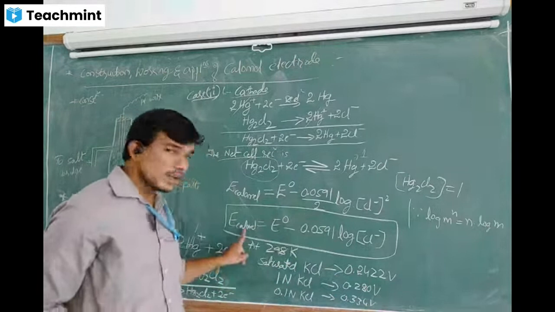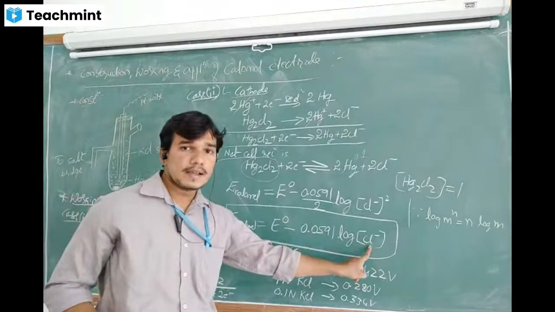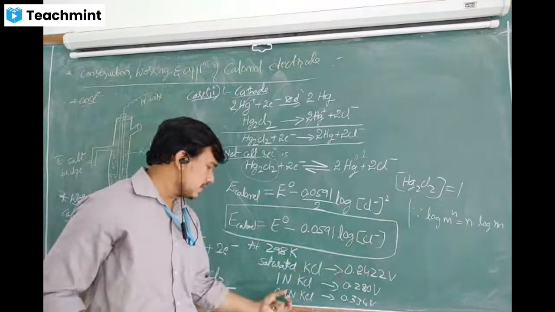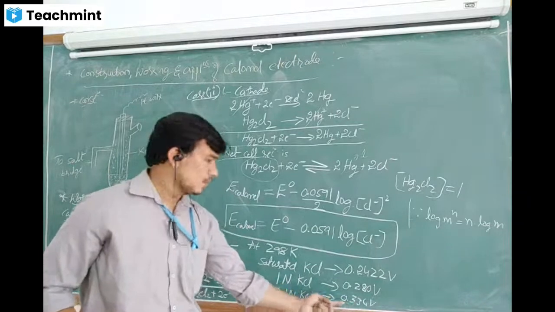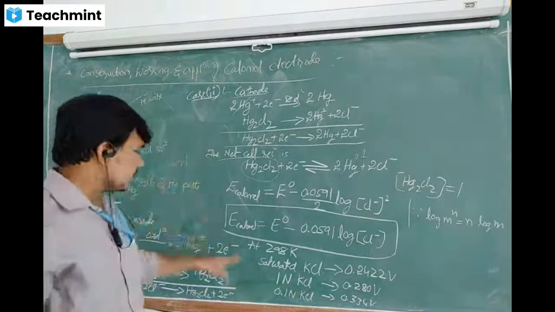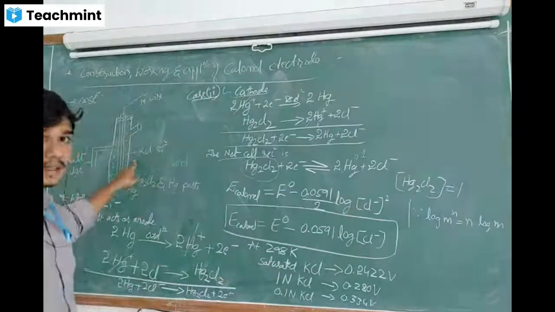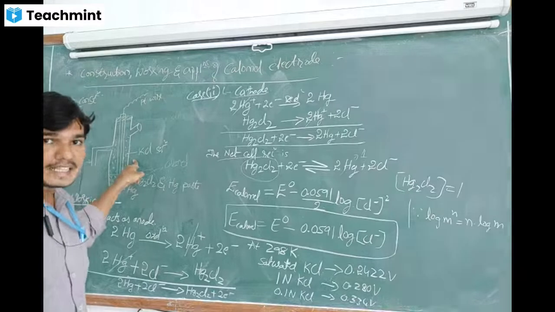So the electrode potential of calomel electrode depends upon the chloride ion concentration. If chloride ion concentration is less, the electrode potential will be more. Okay. So if we use saturated KCl solution, it is called the saturated calomel electrode, SCE.